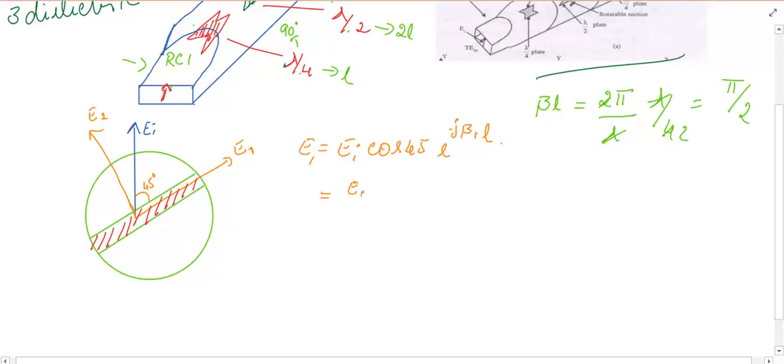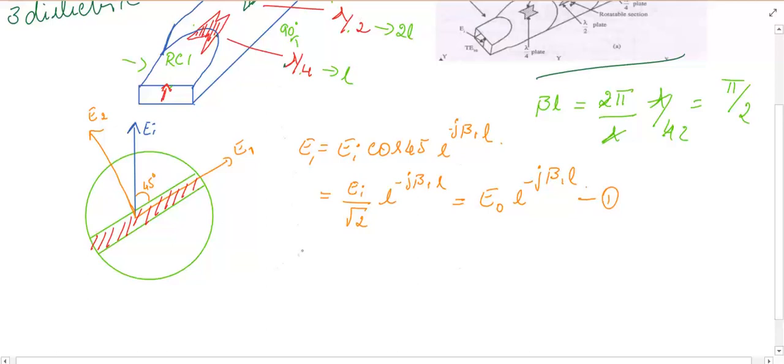So I can write it as EI divided by root 2 into e to the power minus j beta 1 L. This is also equal to, I will consider it as E naught e to the power minus j beta 1 L. Let this be our equation number 1.